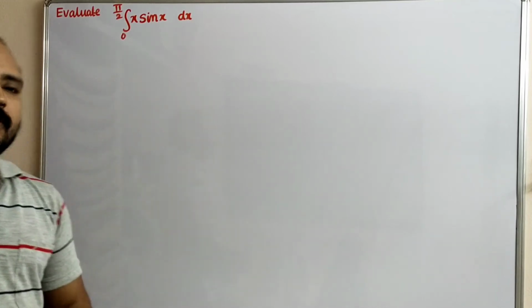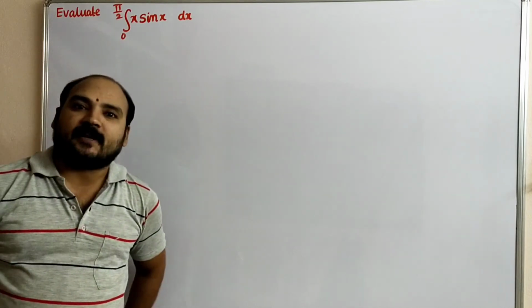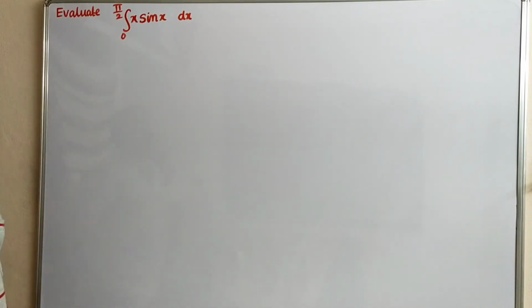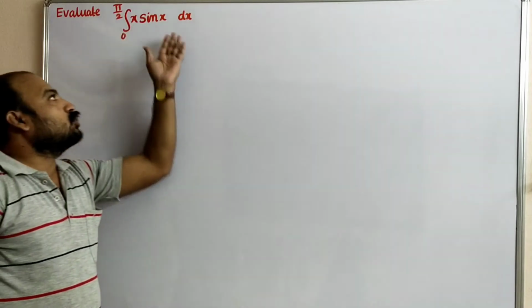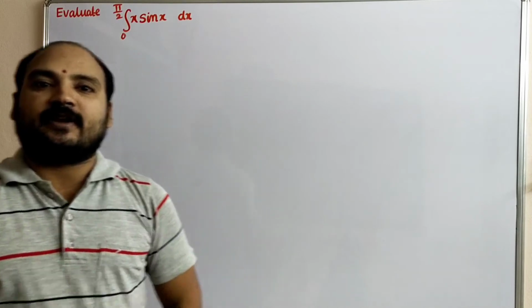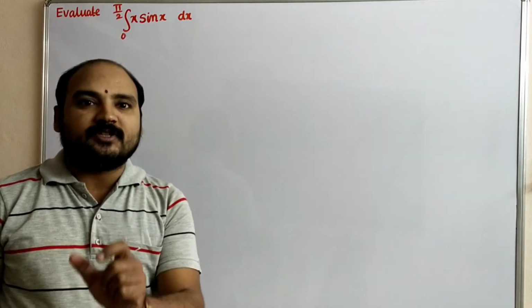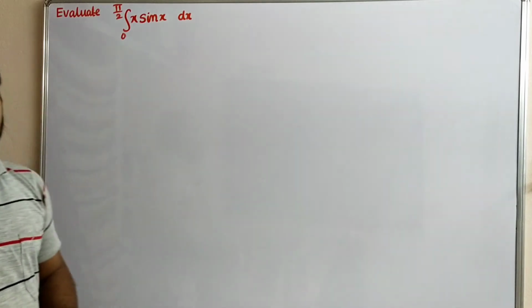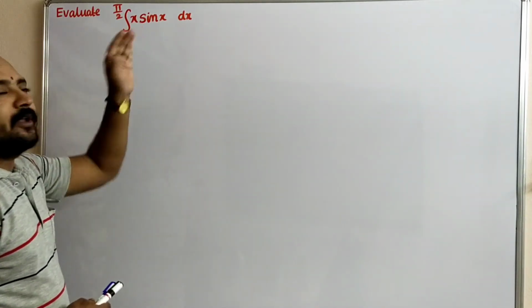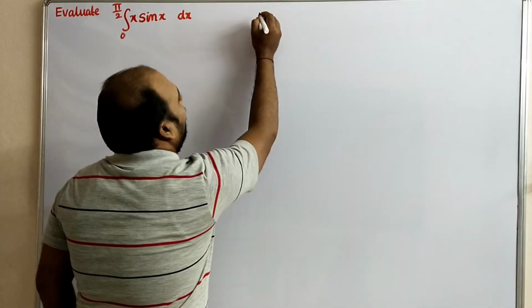The next question. Evaluate integral 0 to pi by 2 of x sin x dx. See here, among these two functions x and sin x, which function you have to consider f of x, and which function you have to consider g of x? By using the ILATE formula, we can get it. x belongs to algebraic and sin x belongs to trigonometric.